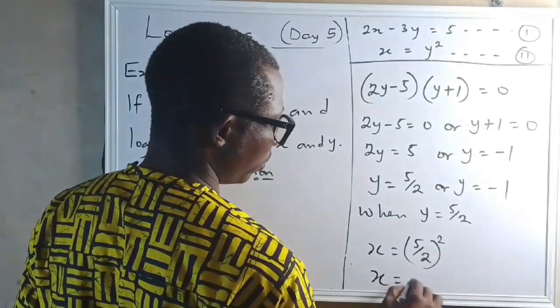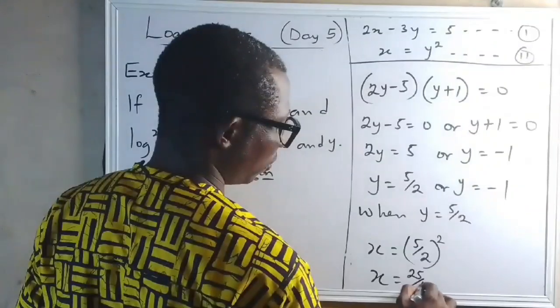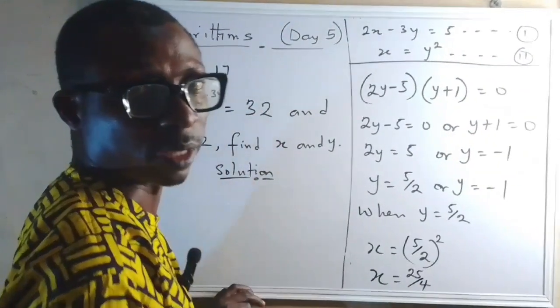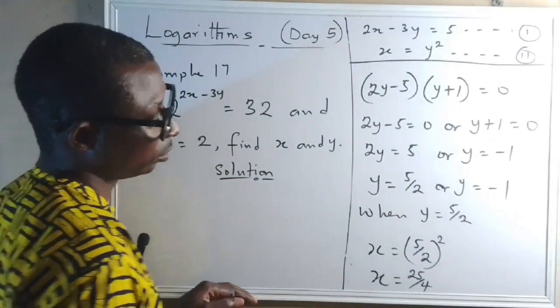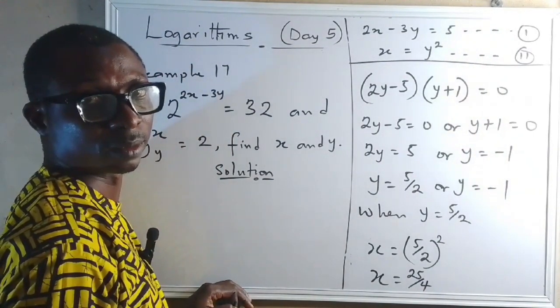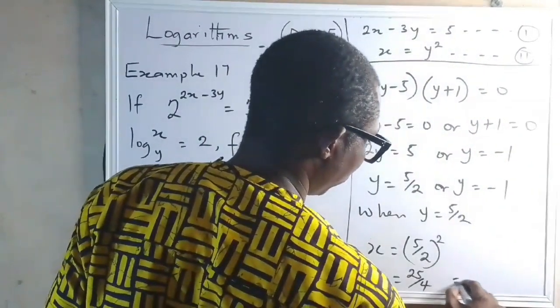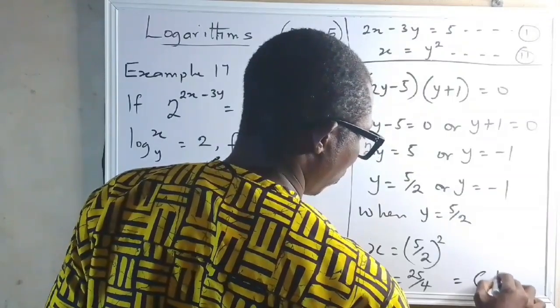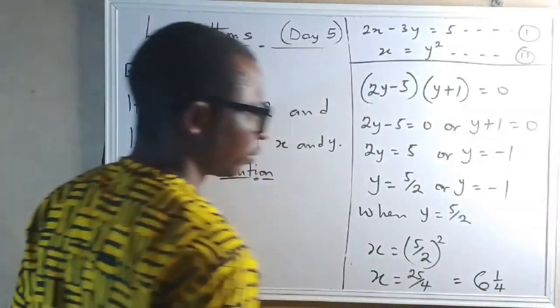So x will be 25 over 4. Now you can simplify this further, right? That is going to give you 6 and 1 over 4.